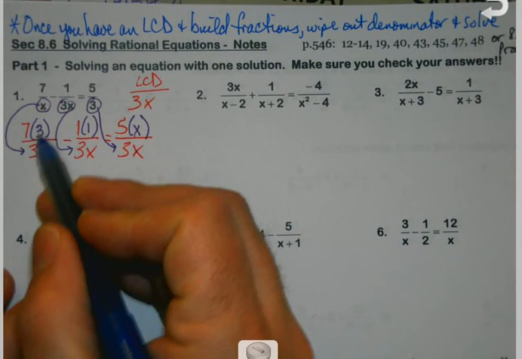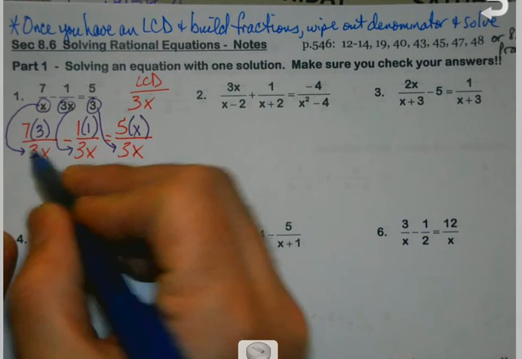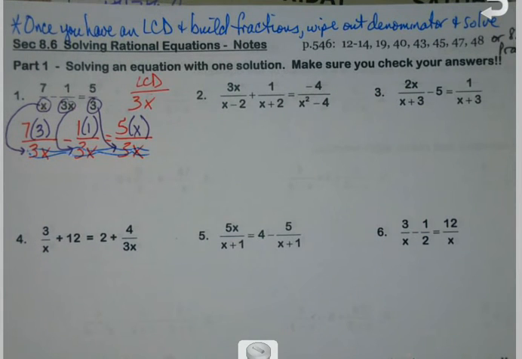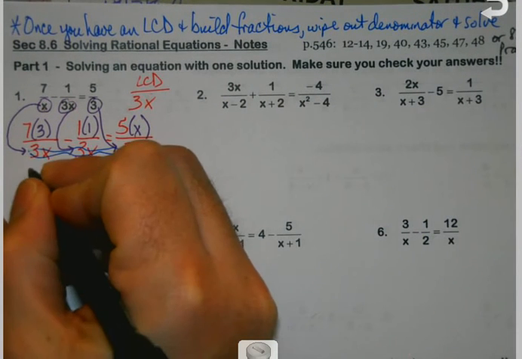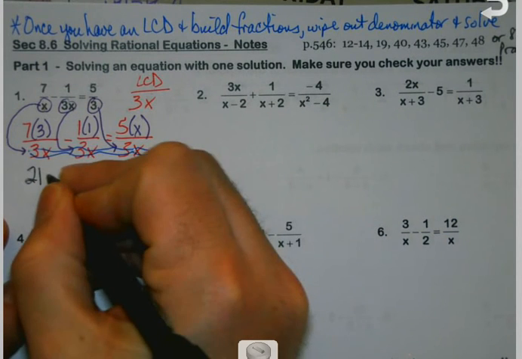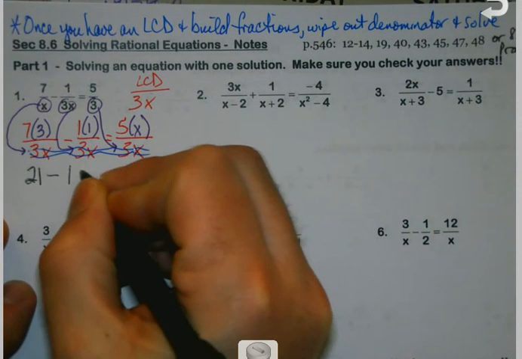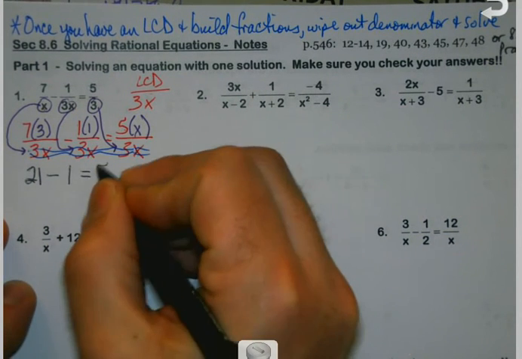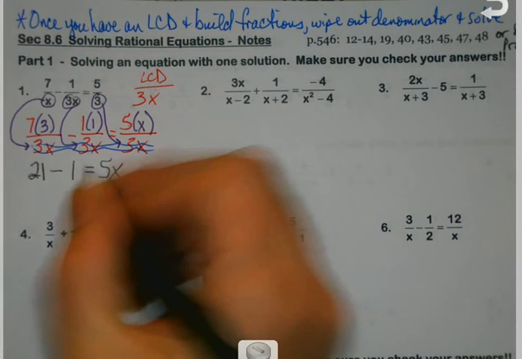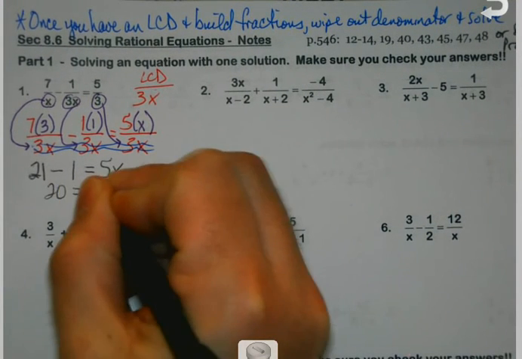So once you have this part done and your fractions built, the denominator is going to go away. And whatever's left from each part, 7 times 3 is 21, 1 times 1 is 1, 5 times x is 5x, and now I just solve what's left. It's basically turned something that looks complicated into a pretty simple Algebra 1 problem. So, let's get this solved and figure this out.